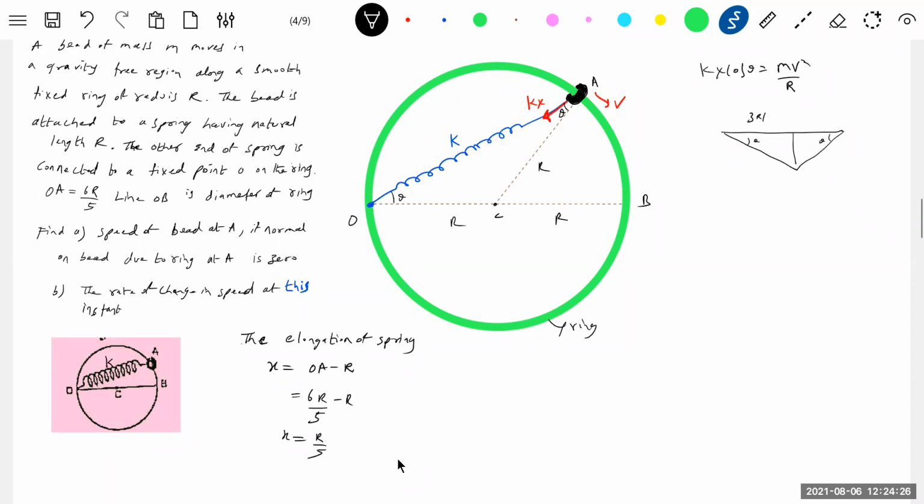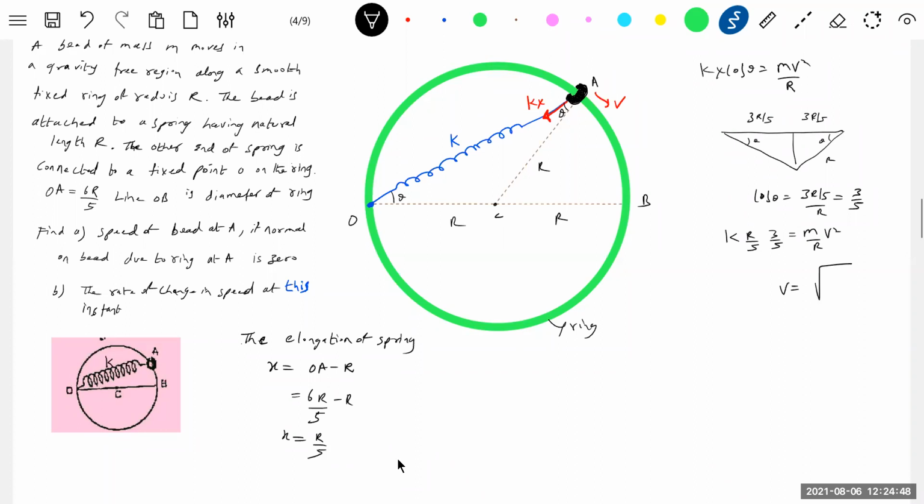So 3r by 5, 3r by 5, this is r. Cos theta is needed. So cos theta equals 3r by 5 by r, so 3 by 5. K, what is the elongation? R by 5. Cos theta 3 by 5 equals m v square by r.